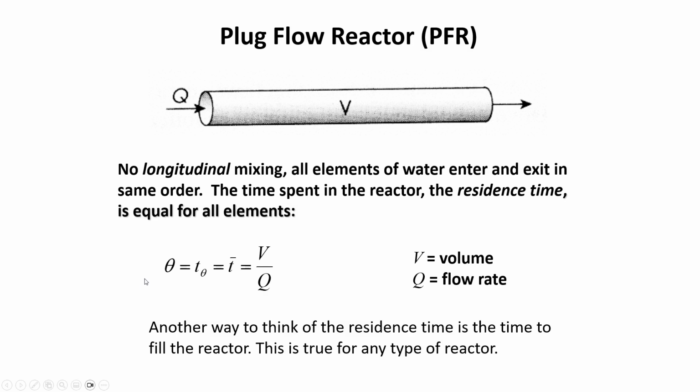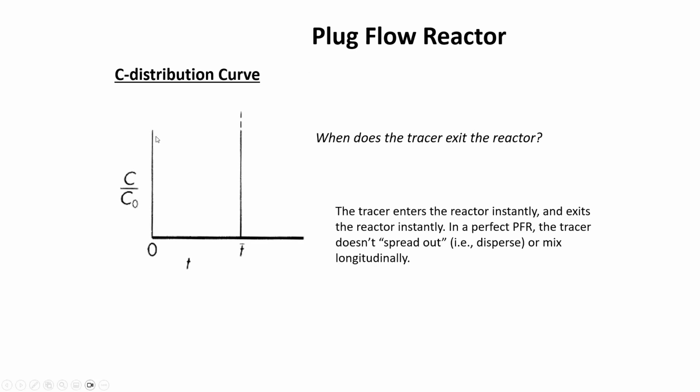Think about if you put some food coloring in here at the inlet, all of the food coloring, if it was from a dropper, would come out in the same drop if there was no mixing inside of the reactor. It would just come out all at once. You wouldn't be able to necessarily define the concentration of the dye because it wouldn't have mixed in the surrounding fluid. That's why it's just a vertical line at the hydraulic residence time, assuming that there's no mixing.